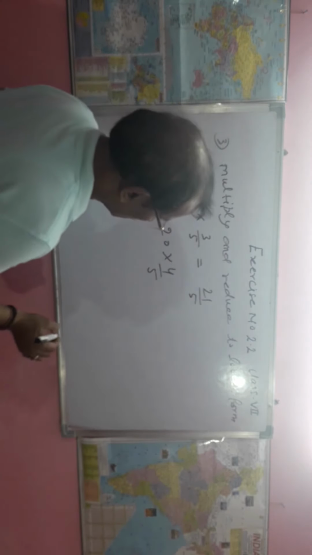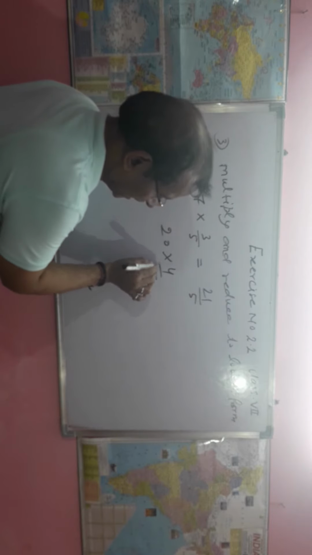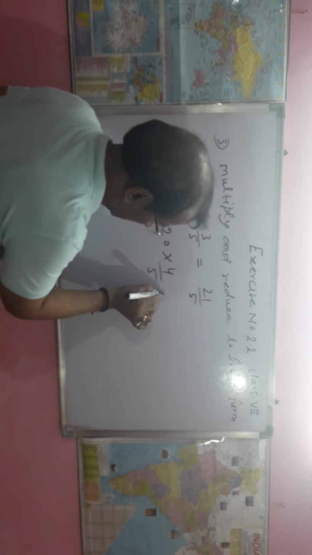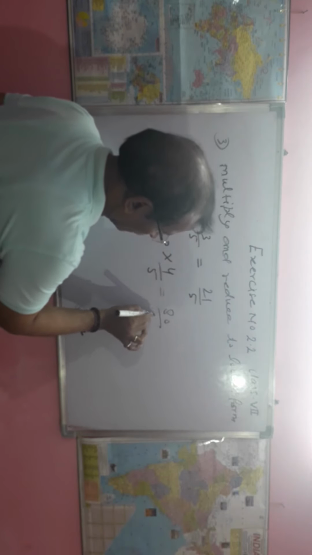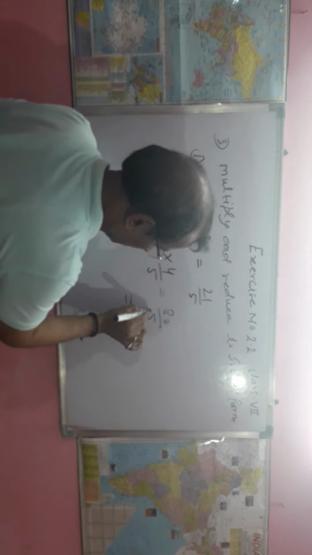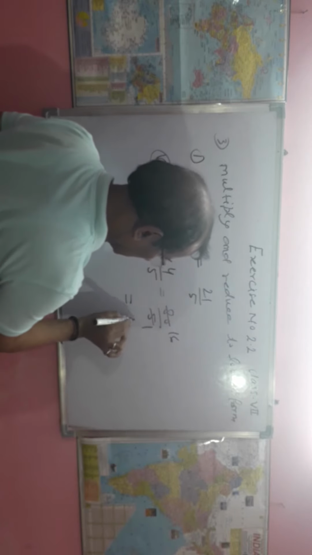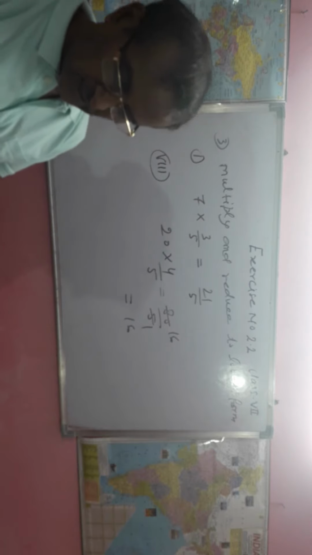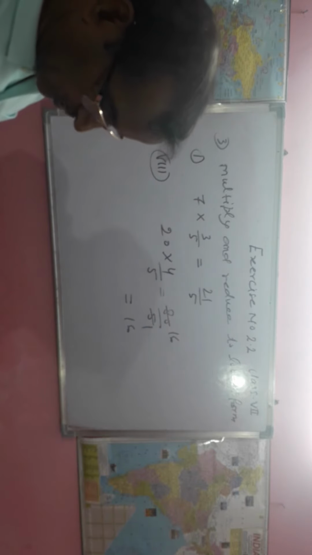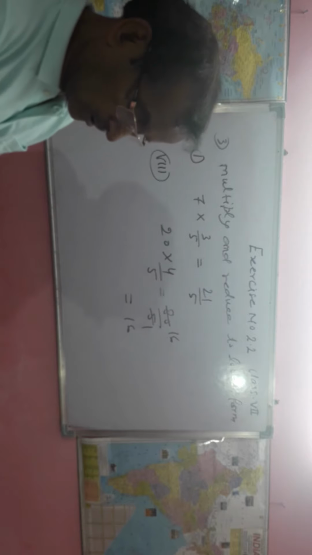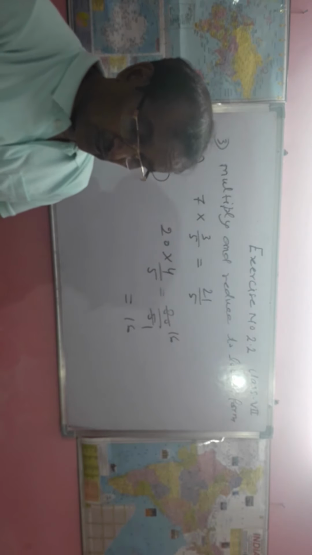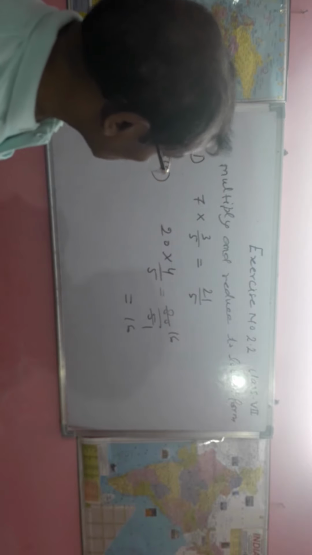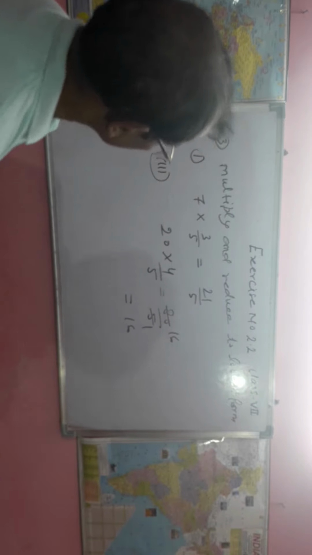Here we multiply 4 upon 5 by 20, then we get 80 upon 5. Then 5 times 16 is 80, so we get 16 as the answer. So students, now we take another question, the fourth question of this exercise. Like this you can solve the third question.